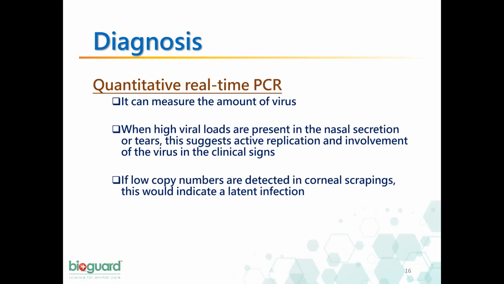However, if a low copy number is detected in the PCR results, in the corneal scraping, I mean the sample, this would indicate that there is a latent infection, which means that the virus is still there, but it's in a latent infectious stage.